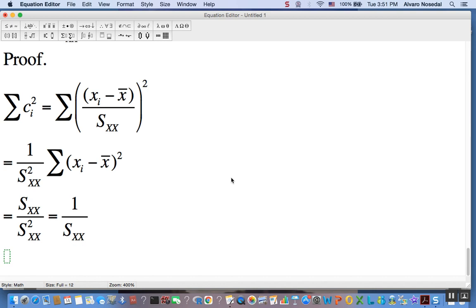So, we're almost there. Now, we're going to be able to easily show what the expected value of beta 1 is. Here we go. Let's open a new one.